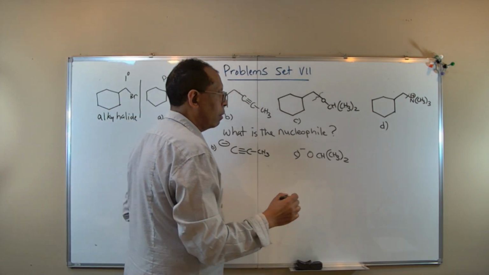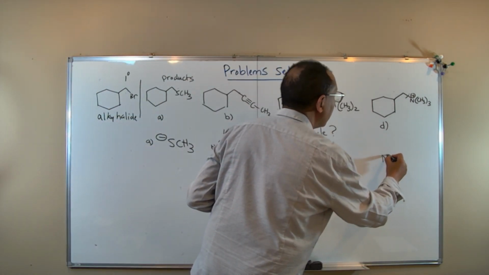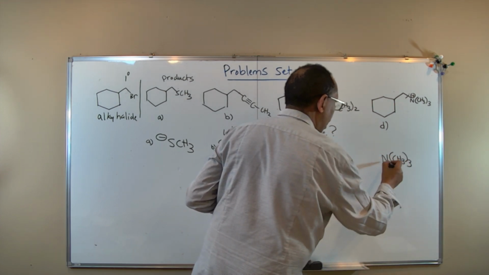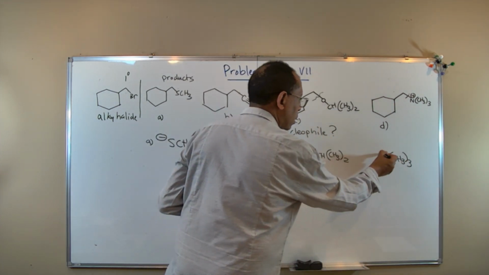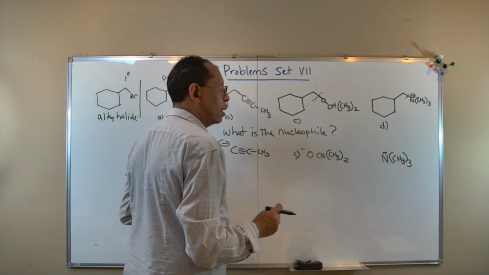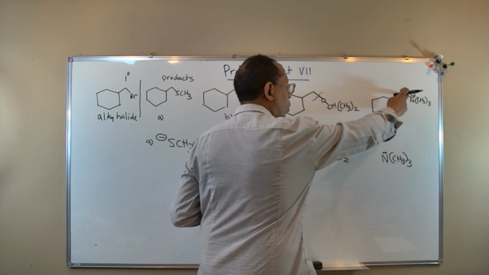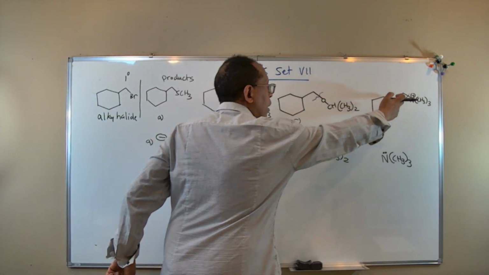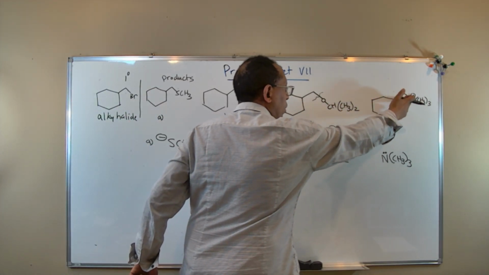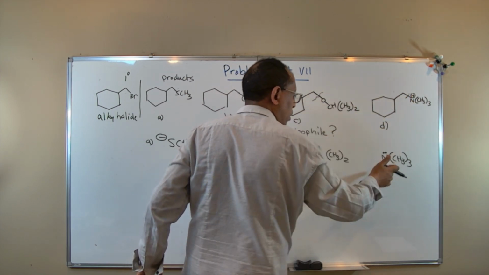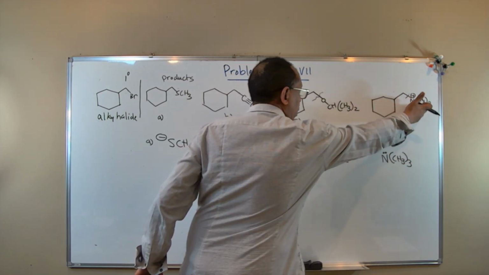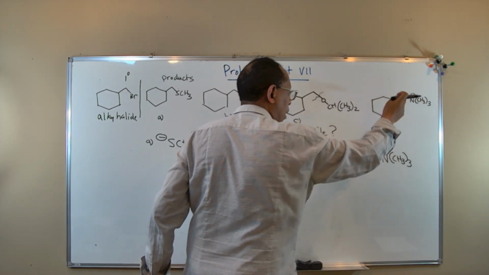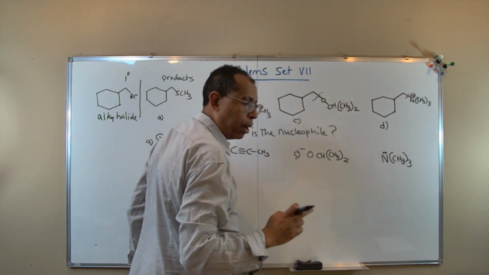So that nucleophile should have been N(CH3)3, a neutral amine, because there are electrons being used to attack this carbon right here. That's why you have a positive charge now, because it's coordinated to 4 species together with the 3 methyls. That's why this lone pair of electrons was used to attack that, and that's why it has a positive charge.